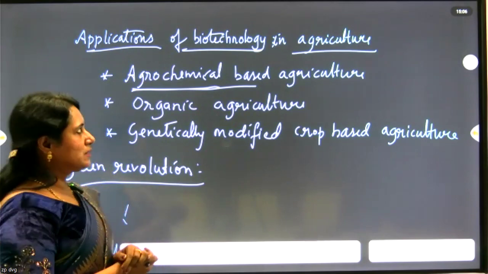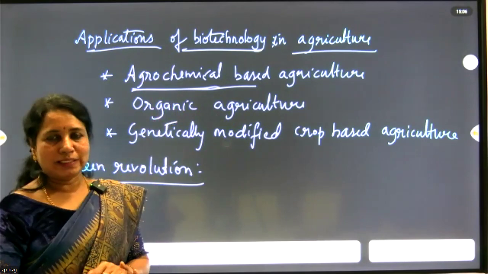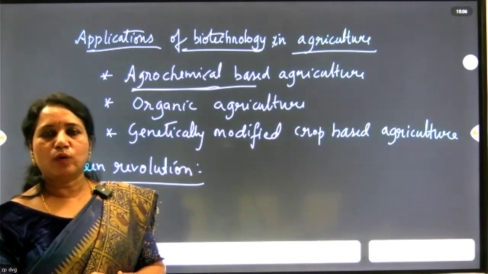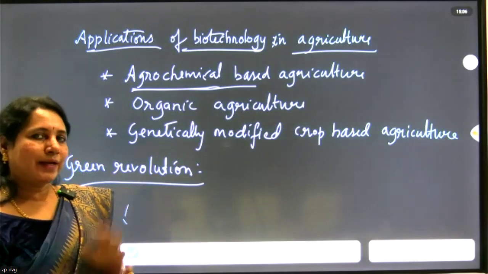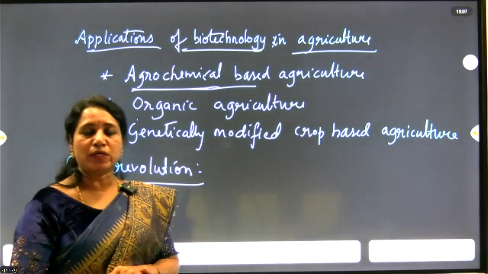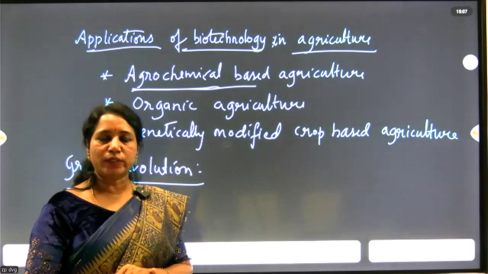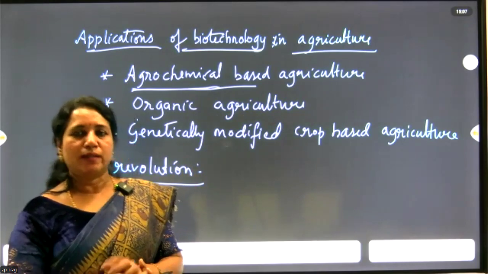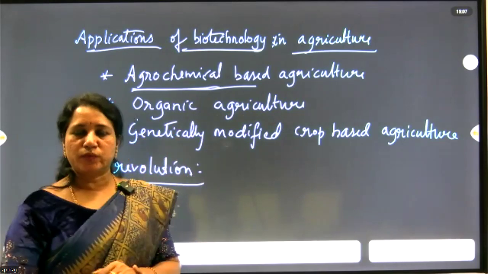Agrochemicals were the main things used in agrochemical based agriculture. Later, organic agriculture came because of the side effects of pesticides, insecticides and other things, as they thought that a natural way of agriculture is better. That's why organic agriculture was started.